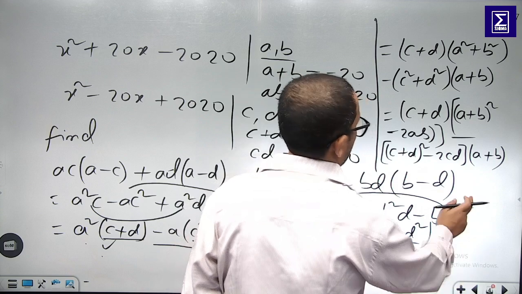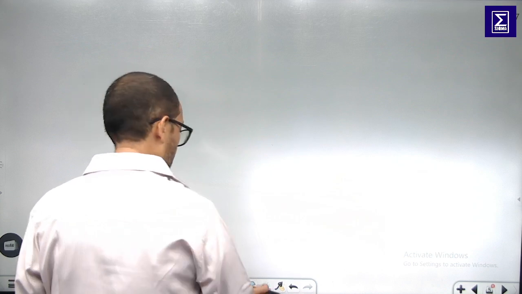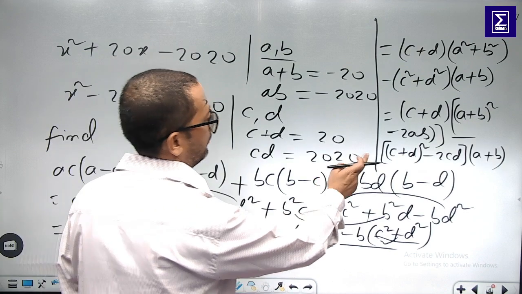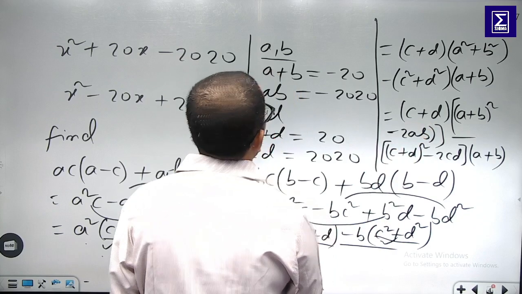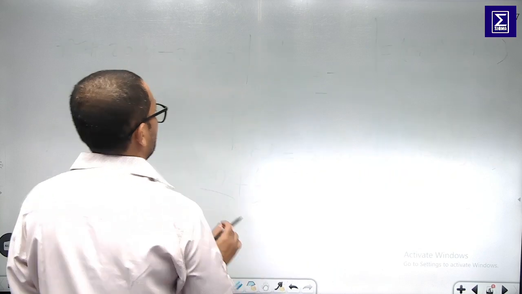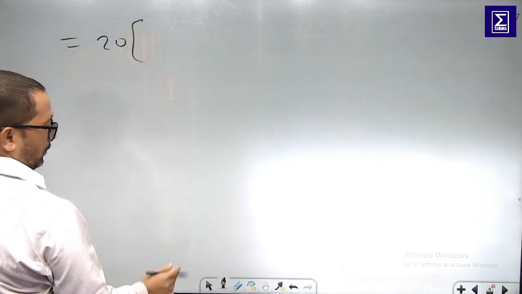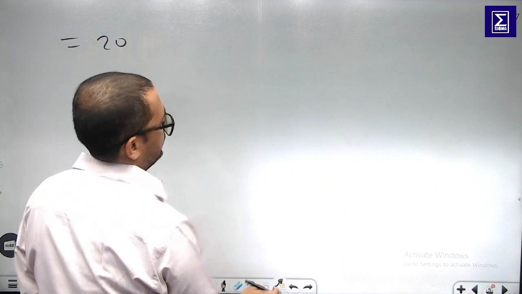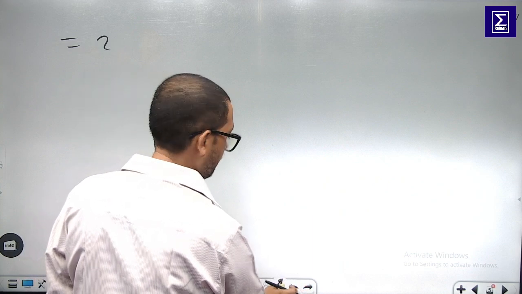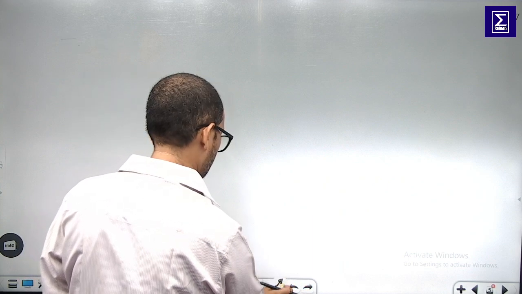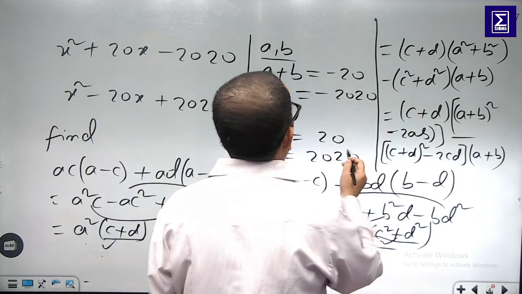So here you see in the next slide. What was the previous slide? Here we have c plus d. So what is the value of c plus d? 20. So we will write here 20, and then within the bracket you see here a square plus b square.